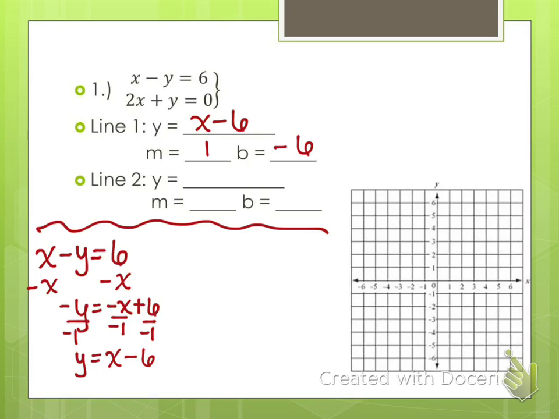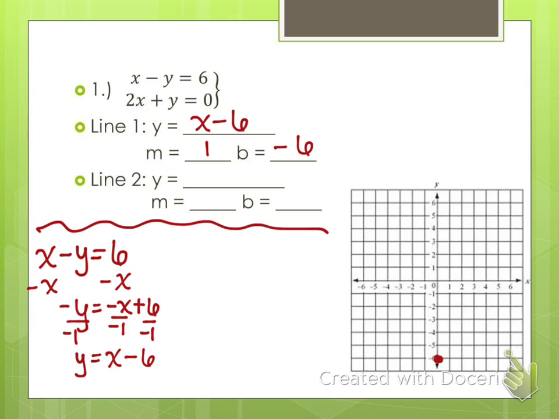All right, let's go ahead and graph that line. We start with B. B is on our y-axis, so we go down 6. And we put a point down there at negative 6 on the y-axis. Then we use our slope. Our slope as a fraction would be 1 over 1. Okay, so if you need to write that in, 1 over 1, you can. But that means I'm going what directions? Ellie? Up and right. Up and to the right.